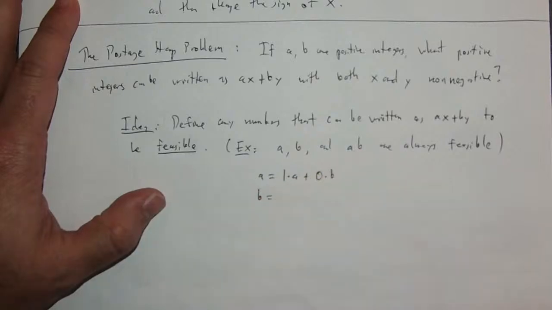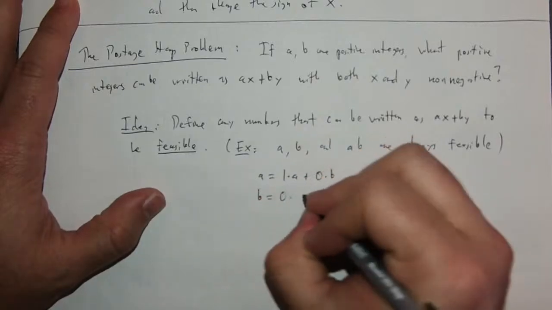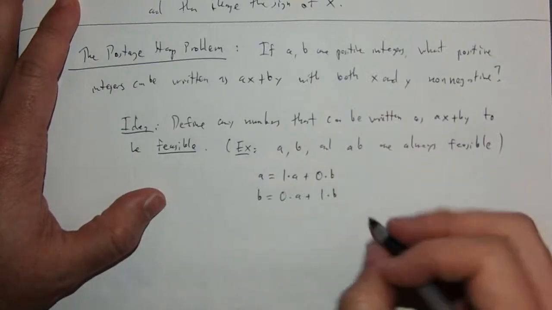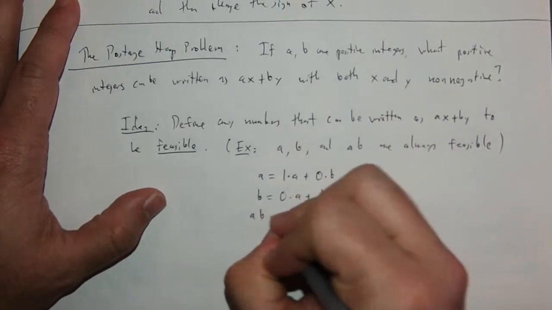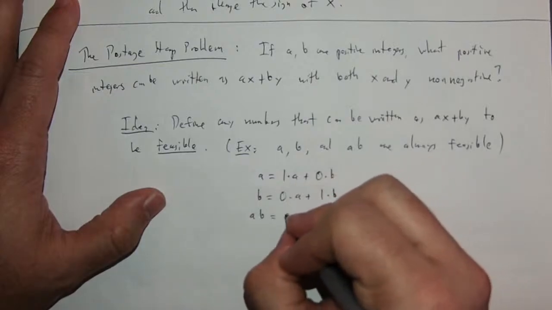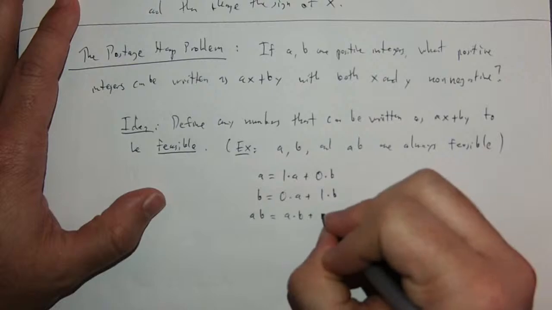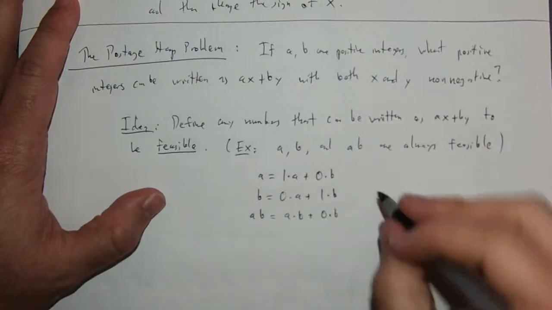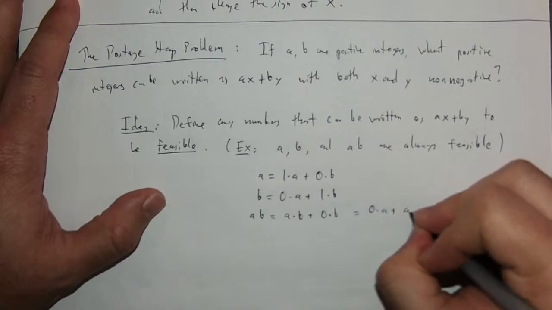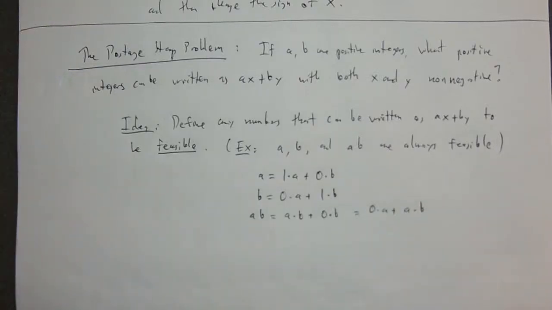I can always express B as a linear combination of A and B. There it is. And of course, AB is just A times B plus 0 times B, or similarly, 0 times A plus A times B in this slot.